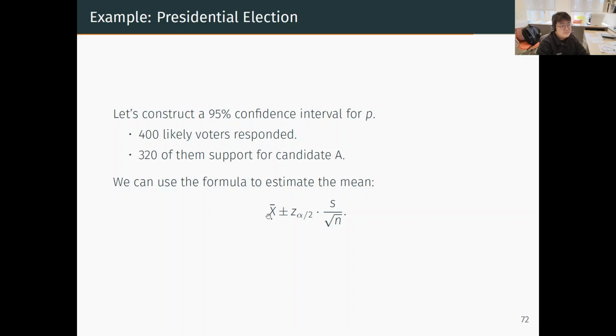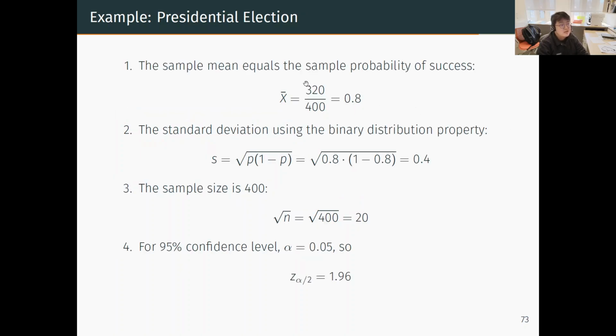The only things we need to calculate are the sample average and the sample standard deviation. Let's do that. The sample average is, remember, the sample probability of success, by the property of the binary distribution. So 80% of people said yes.